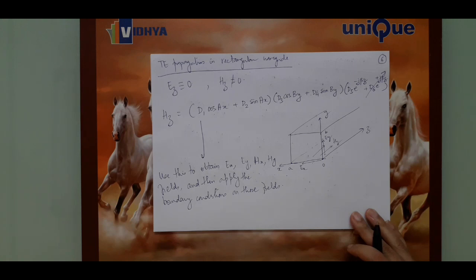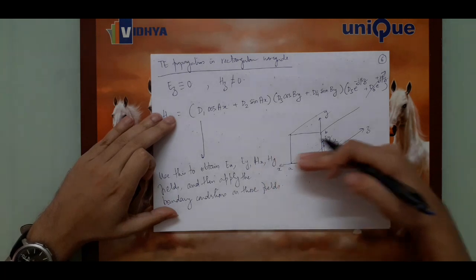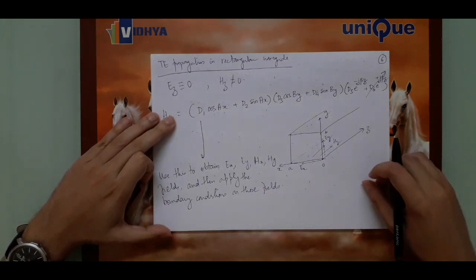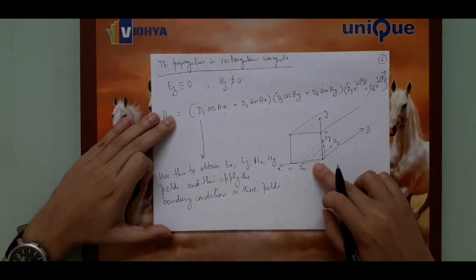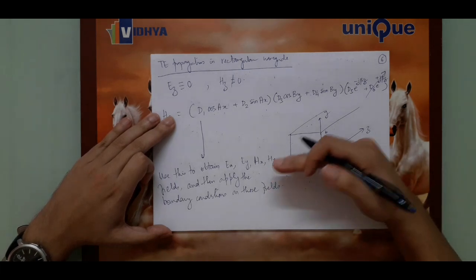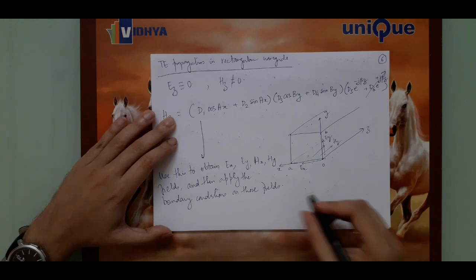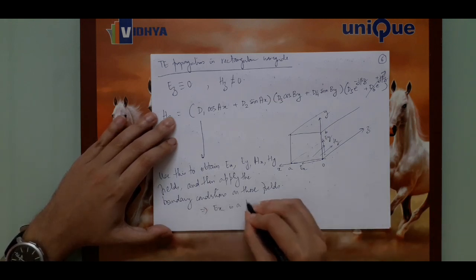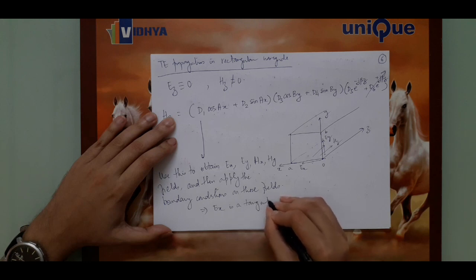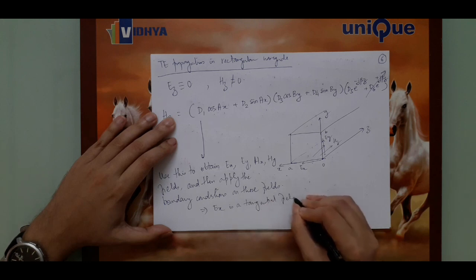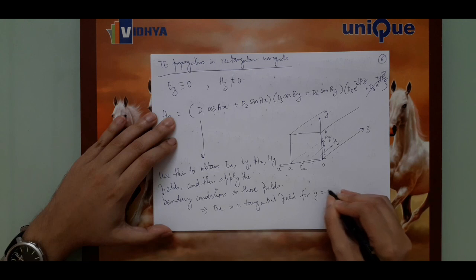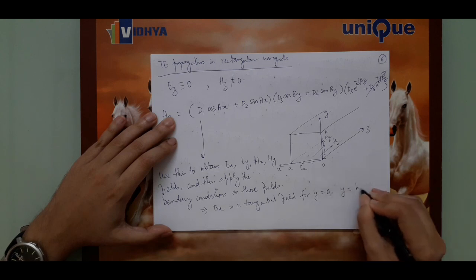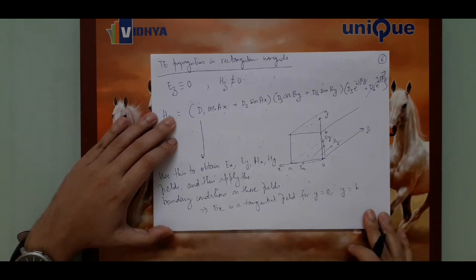Since Ex is existing along the x-axis, it is a tangential field for two cases, when y equals 0 and y equals b. So I can say Ex is a tangential field for y equals 0 and y equals b, these 2 points.